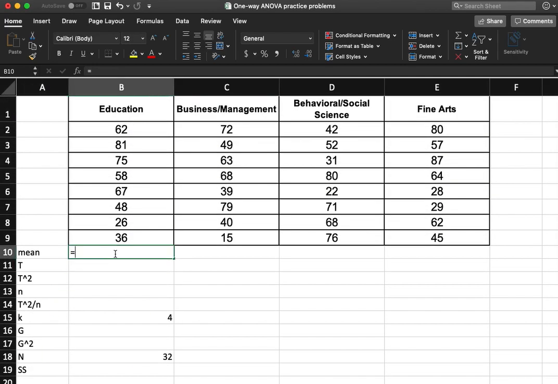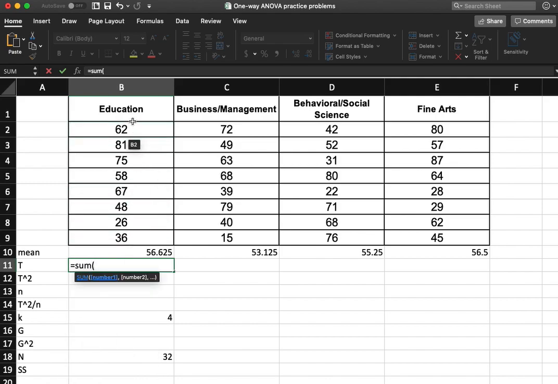Now, compute F. Okay, so we're going to need means, the average of all these scores. Good thing that we've got the same number in each group. That means we can use Tukey's if we need to. So we've got our means. Let's get our T's. It's the sum of all the scores in a group. Don't include the mean. That's not a score.